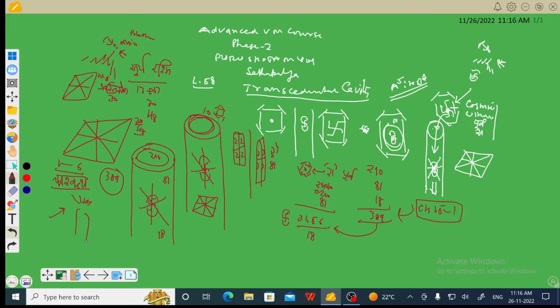This tree is no more visible in form in Manushya-lok.